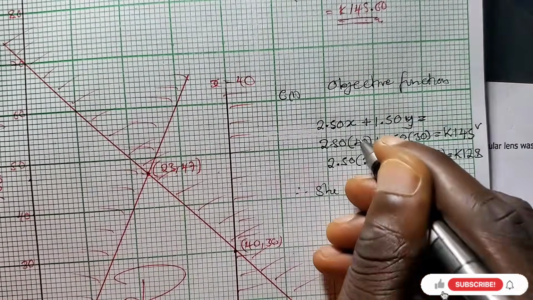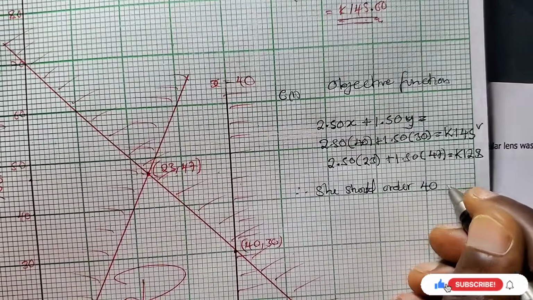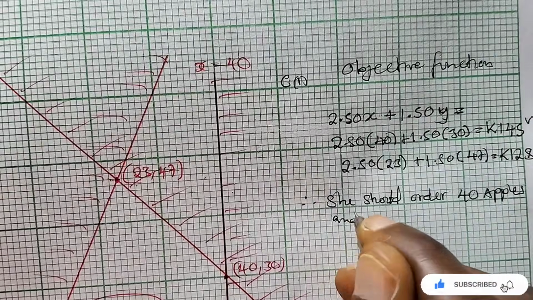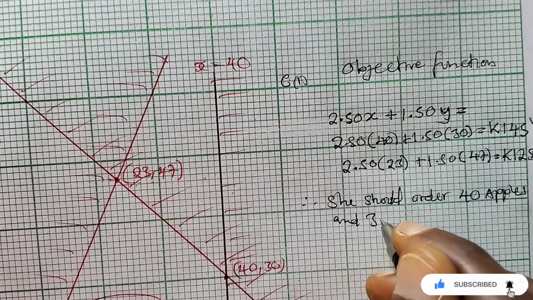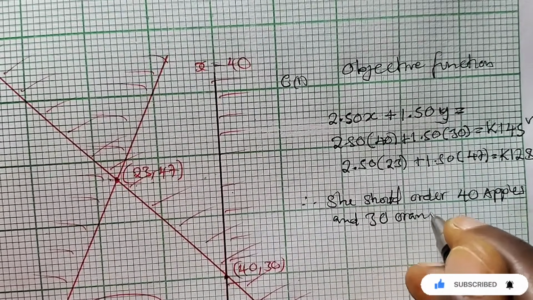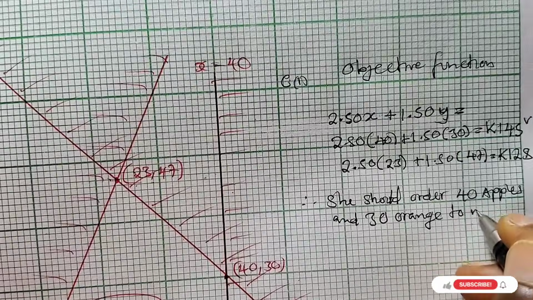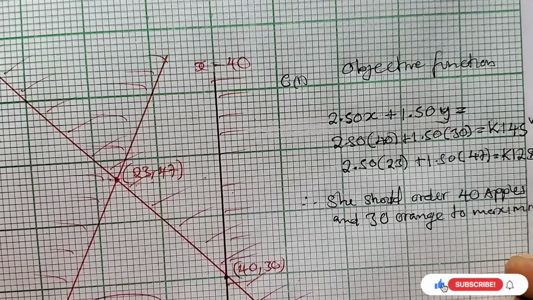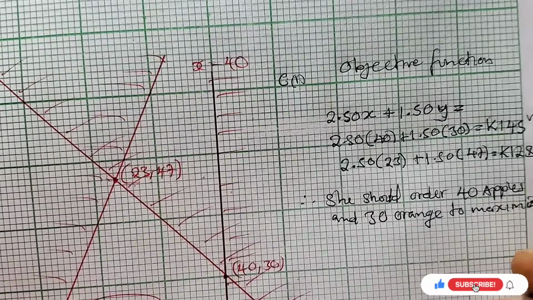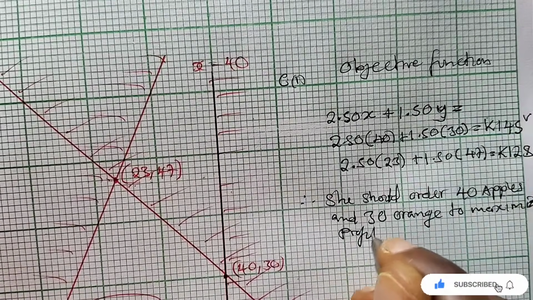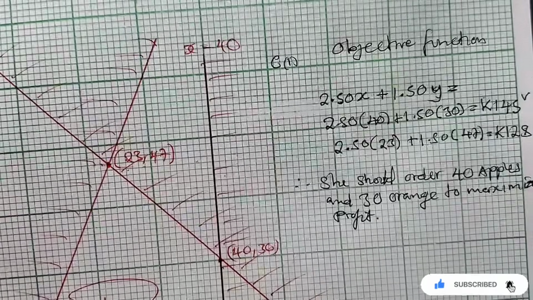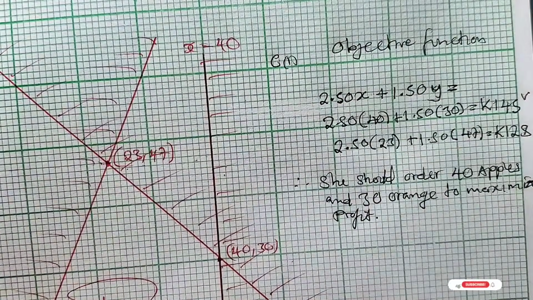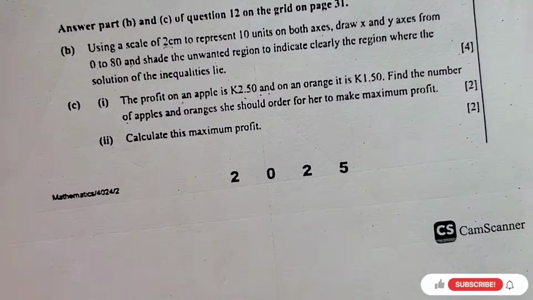So you can say she should order 40 apples and 30 oranges to maximize the profit. That's it.